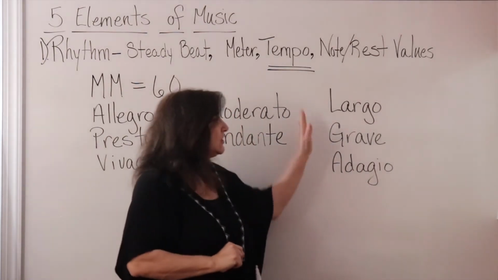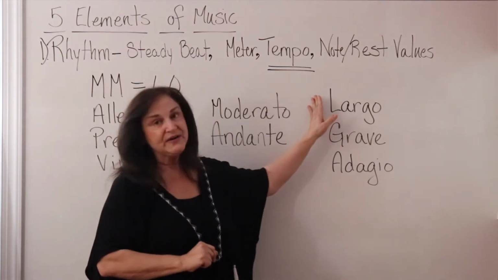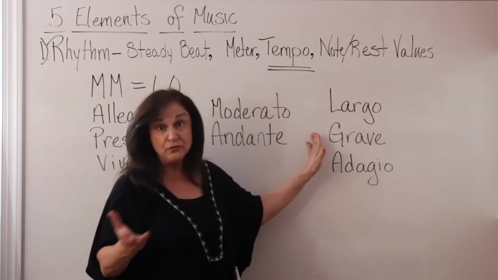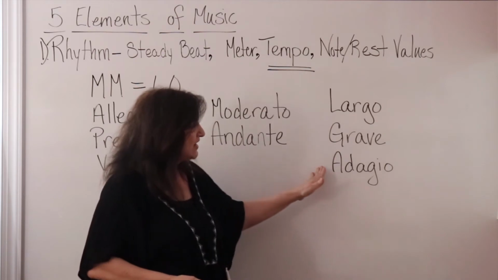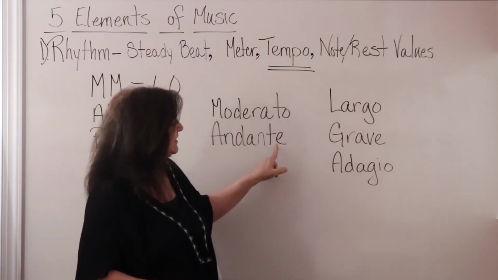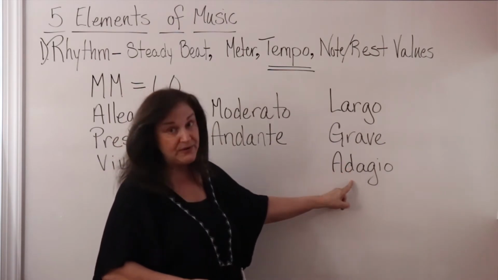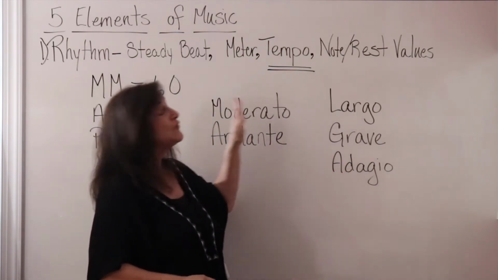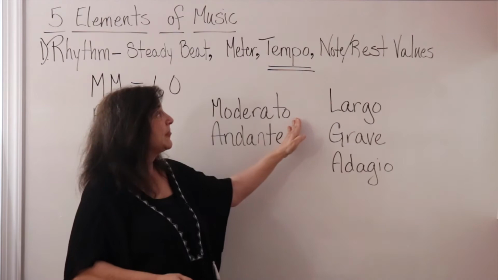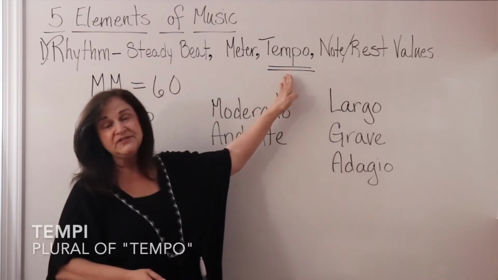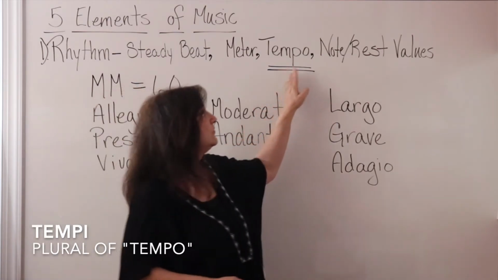The slow speeds: largo, which means very slow, grave, which is grave or solemn, or adagio. And adagio is basically between the moderate and the very slow. So there are different degrees of fast and slow, and their tempo. The plural of tempo is tempi. There's an I at the end of it.